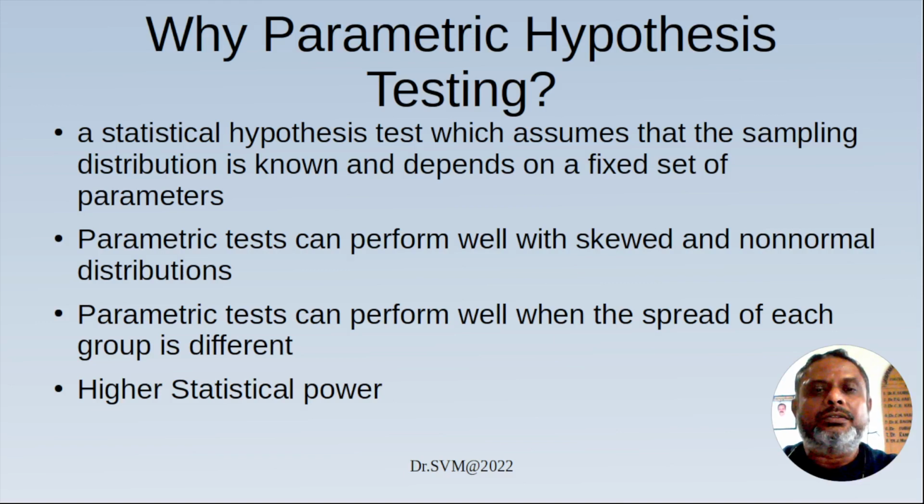So when you are trying to compare two samples, and if you know that the two samples have the same distribution, then it becomes easier. Just compare means and the variance of the two samples. If they are same, you have one situation. If they are different, you have another situation.